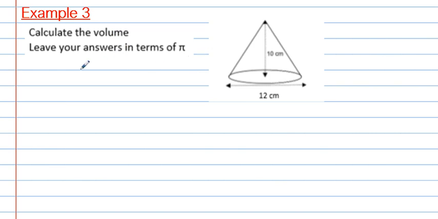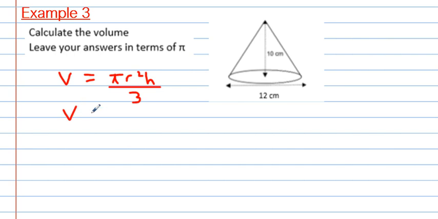Okay, let's code the formula quickly. So V equals pi r squared h over 3. Okay.